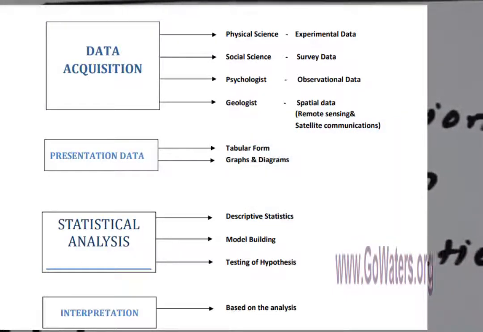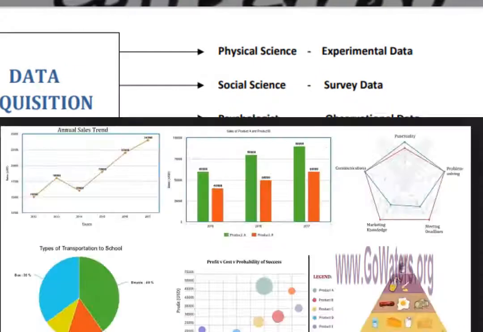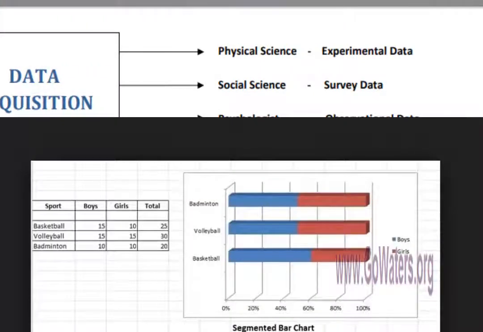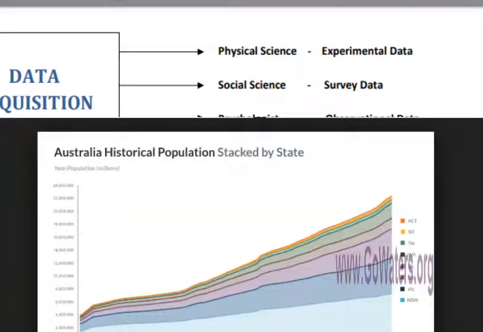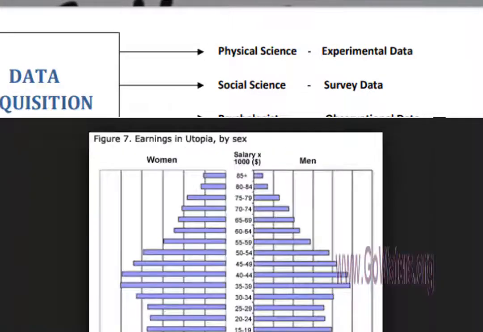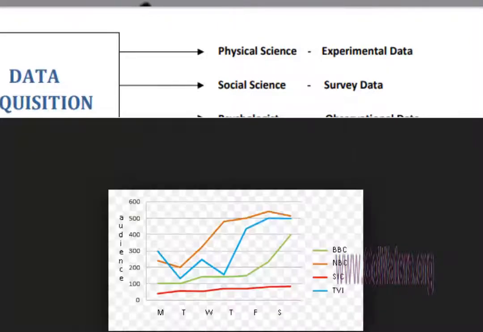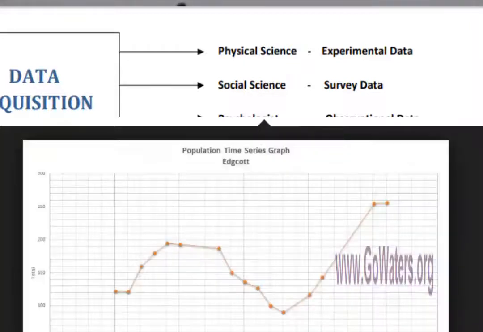And also we deal with the graphs and diagrams. There are various graphs and diagrams that are available in statistical analysis. Some of them are known: pie chart, bar chart, line chart, area chart, and these days with the help of the statistical softwares, one can get as many graphs and diagrams as possible.